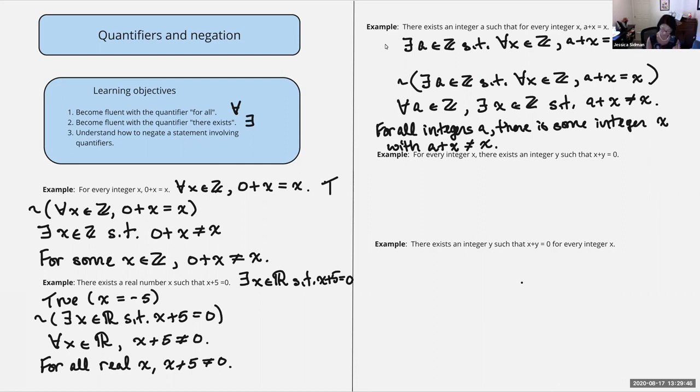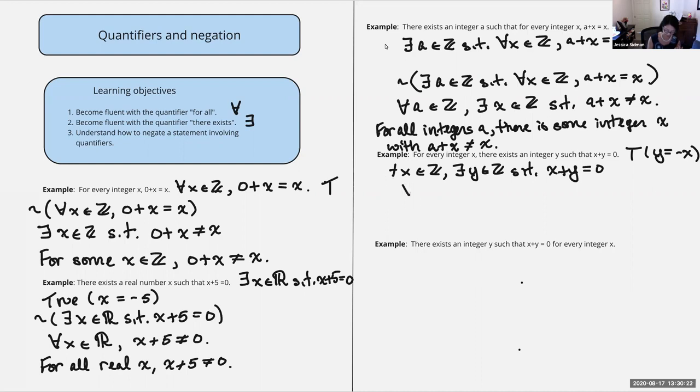Okay, so this is a true statement, just like the other one. And the y that we were looking for would be y equal to negative x, which makes that true. If we wanted to write it in logical notation, we could say for every integer x, there exists an integer y such that x plus y equals 0.